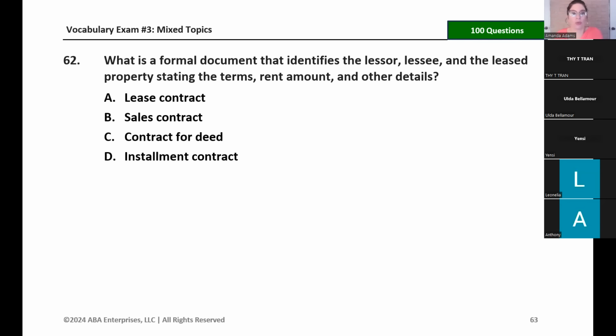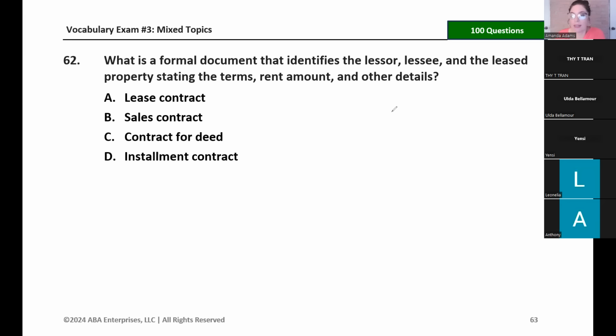All right, 62. What is a formal document that identifies the lessor, the lessee, and the leased property, stating the terms, rent amount, and other details?